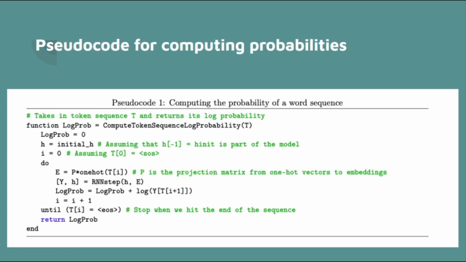You pass the embedding and the hidden state coming from the previous time step into your language model, which can be an RNN or LSTM. Then you get the output probability distribution y. From that y, you pick up the probability of the actual next token, which is t_(i+1), and you take its log. Then you keep adding all these log probabilities together till you reach the end of the sequence. And finally, what you get is the log probability of the entire sequence.